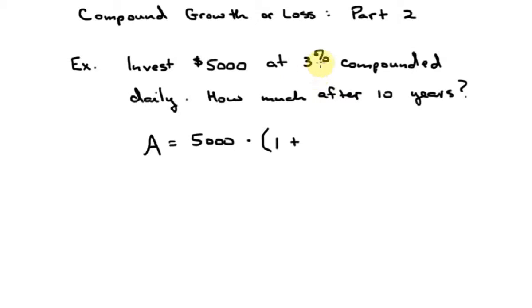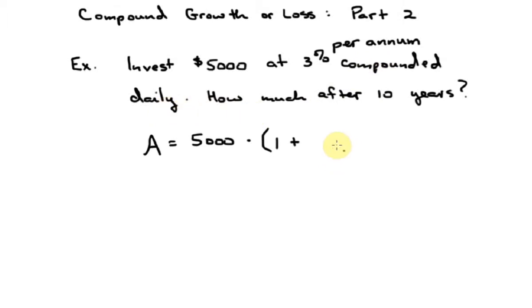But you're not getting 3% every day. This 3% means for the year. Often you'll see they'll say 3% per annum, and all that means is, that's Latin for per year. So the 3% is an annual percent growth, but they're compounding it every day.